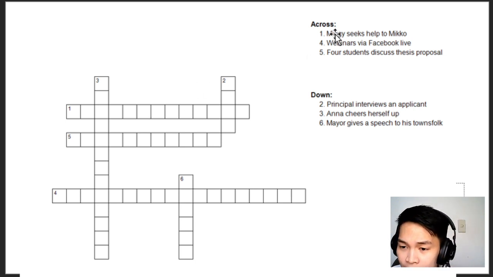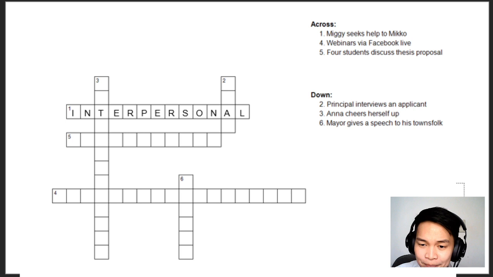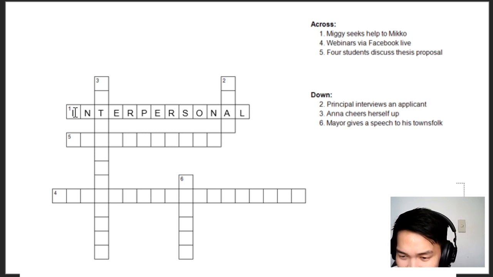So number 1, Migi helps Miko. So there are 2. This is under, what is it? Let's see. Interpersonal, because there's a lot of letters to put in there.